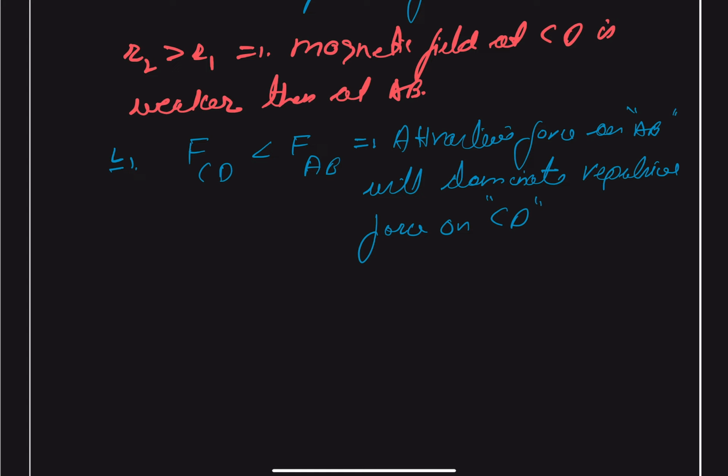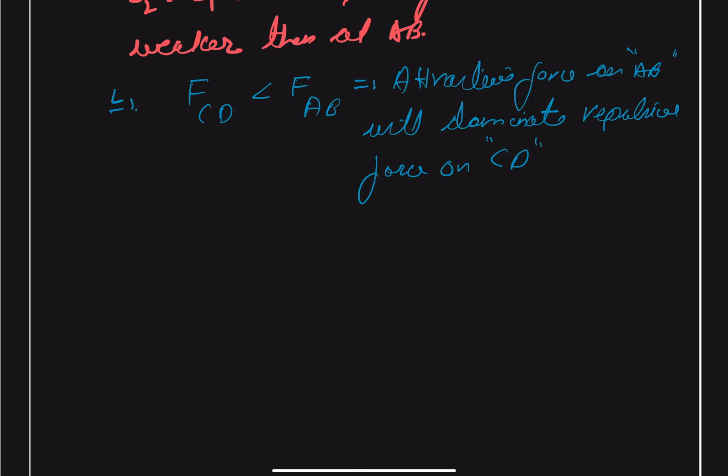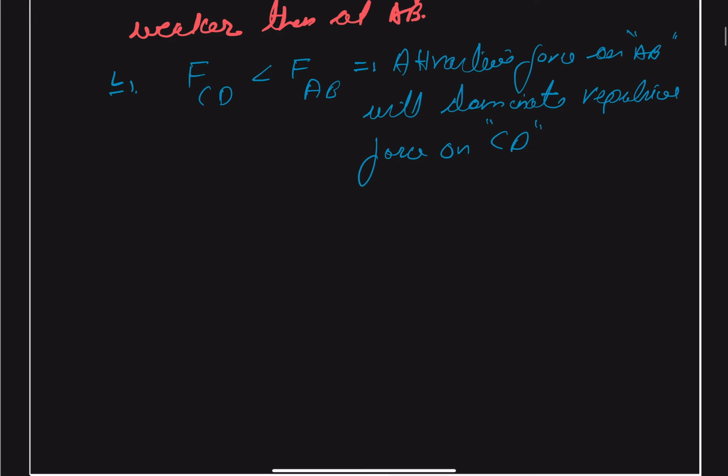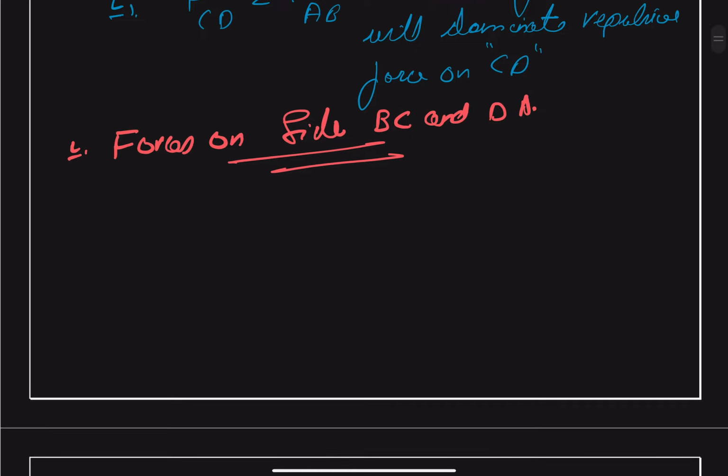Now we have the forces on the sides which are perpendicular. So the forces on sides BC and DA, which are perpendicular to the straight wire.